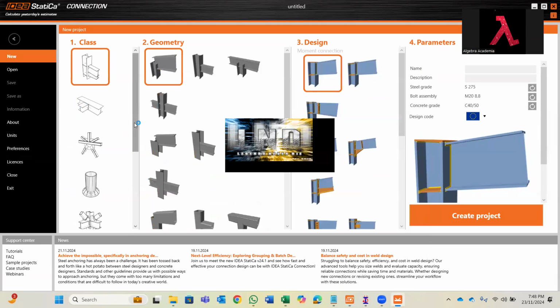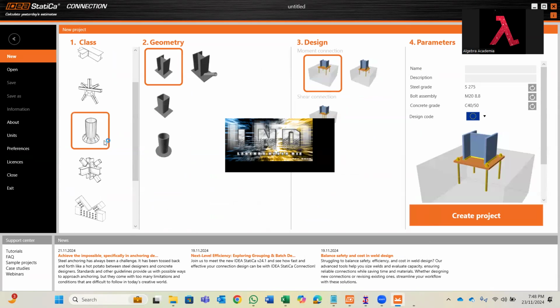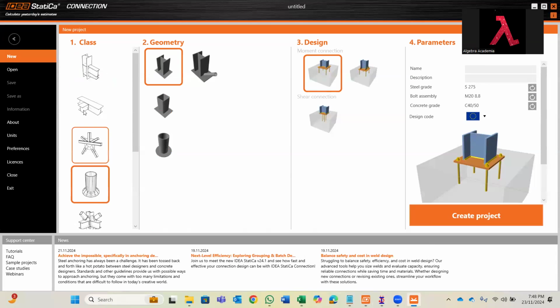So going with the base plate connections, if you just scroll down here, this is what describes the connection type. So I'm getting base plate connection here. It shows the geometry, whether you do have a square or rectangular column. However, you can change the section sizes even by choosing the first one as well.